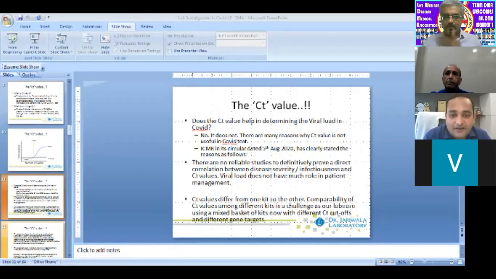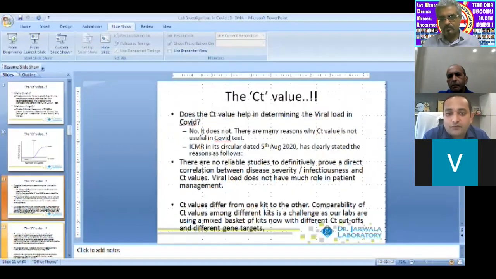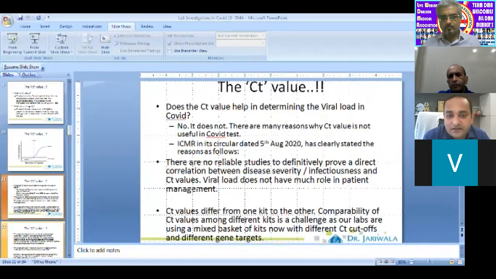So ICMR, in its circular dated 5th of August, has mentioned several reasons for the CT value not being reliable when it comes to COVID testing. They have enumerated the following reasons. This is from the ICMR website, available in the document from 5th of August. ICMR clearly says that there are no reliable studies to prove a direct correlation between the disease severity and infectiousness based on the CT value.